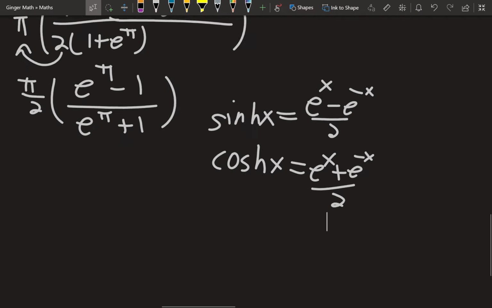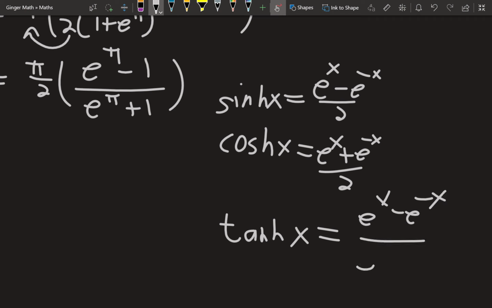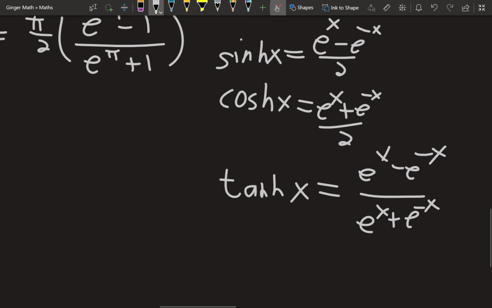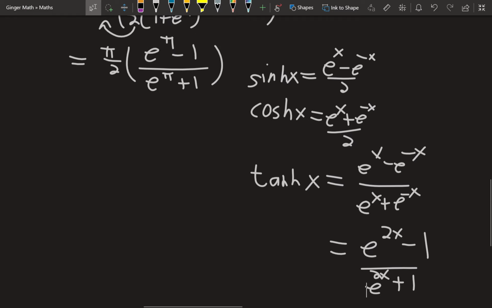So, okay, say we were to divide them to get a hyperbolic tangent, right? Well, that would just be hyperbolic sine over hyperbolic cosine. Well, that would just be e to the x minus e to the minus x divided by e to the x plus e to the minus x. But if we multiply the top and bottom by e to the x, we actually end up getting e to the 2x minus 1 over e to the 2x plus 1.